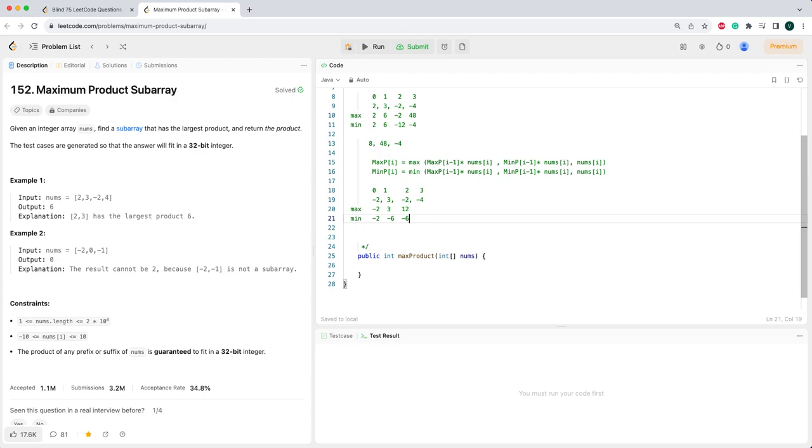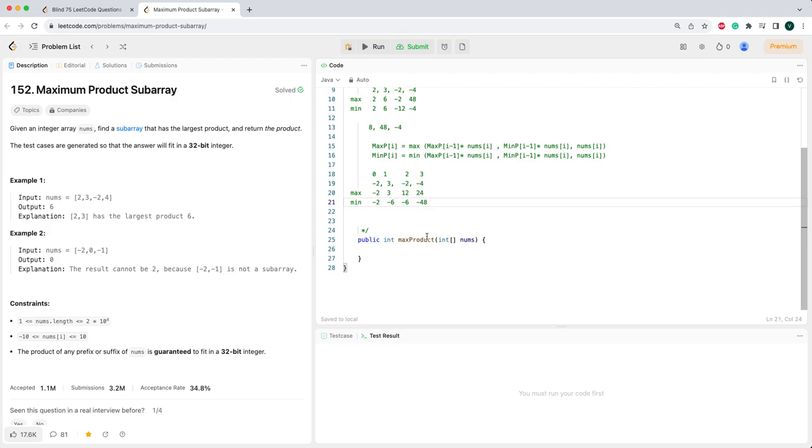Now the maximum here would be the 24, I think, and I guess the minimum is the minus 48, right? And I think this is the maximum only, right?